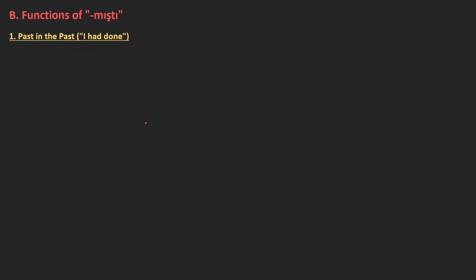So the first main function of mıştı is past in the past. Like I had done, past perfect tense, if we talk about grammar terms.